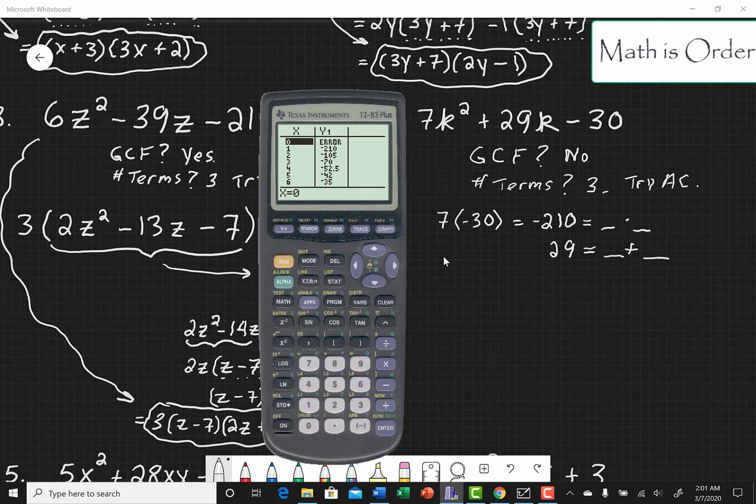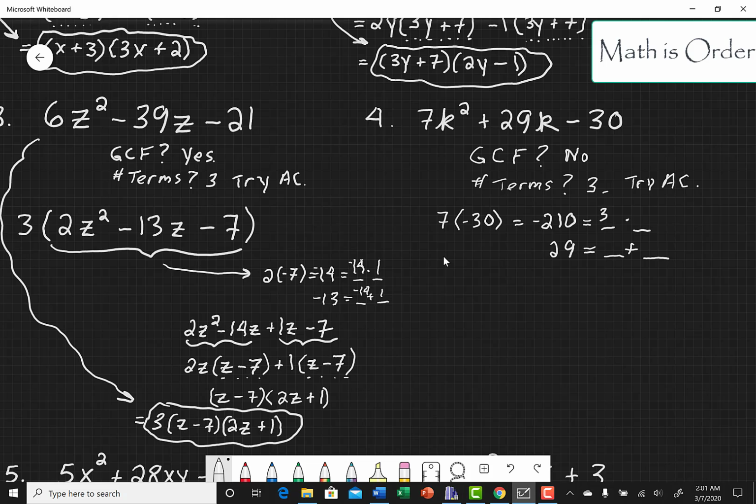So we can say 35 minus 6. Right, so this satisfies the condition. And so then we're going to go ahead and rewrite the first, rewrite the last, replace the middle. Then factor from the first two, factor from the second two terms.